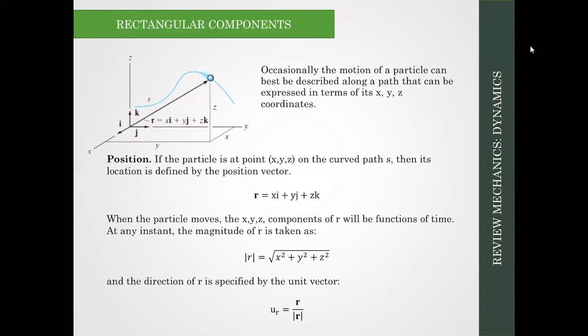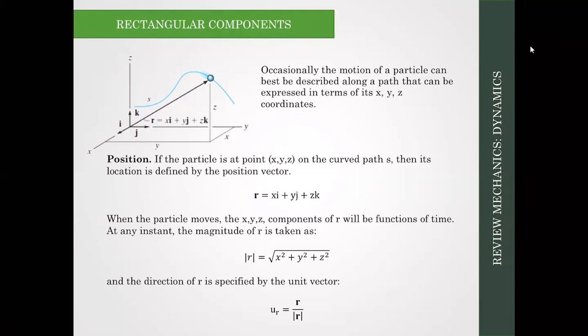The position vector is the vector from the origin to the position of the particle itself. And when this particle moves, its change will be a function of time.